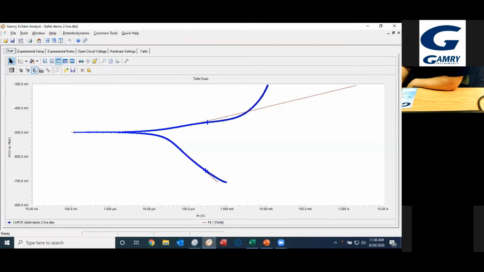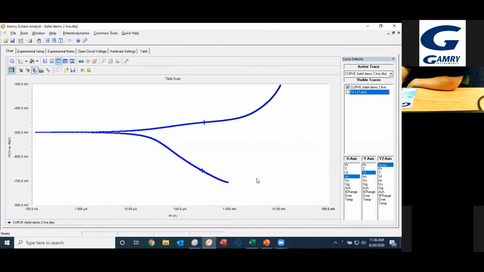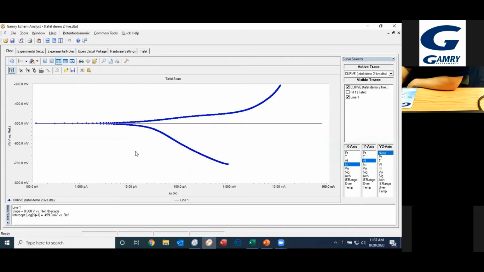So I'm going to get rid of this fit that we just put on there so we can just see our data again. And first thing I'm going to do is I'm going to draw a line right through here. Like that. Now I'm going to do the cathodic side here, and there's a little bit of curvature right there. So that could affect us a bit, but I'm going to call this right here our linear region.